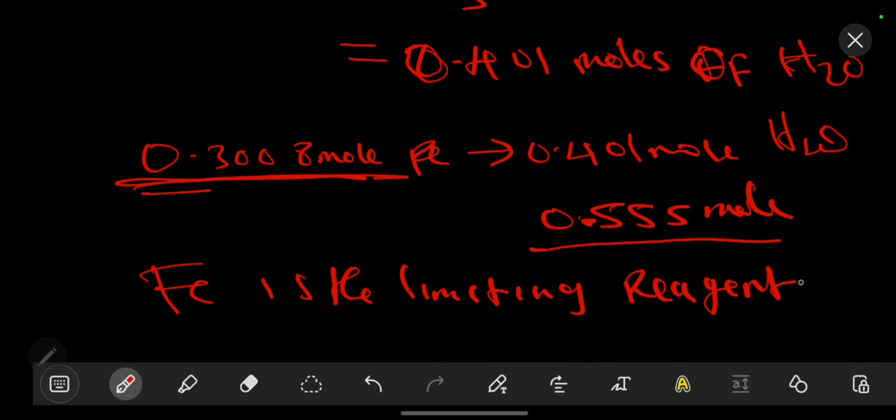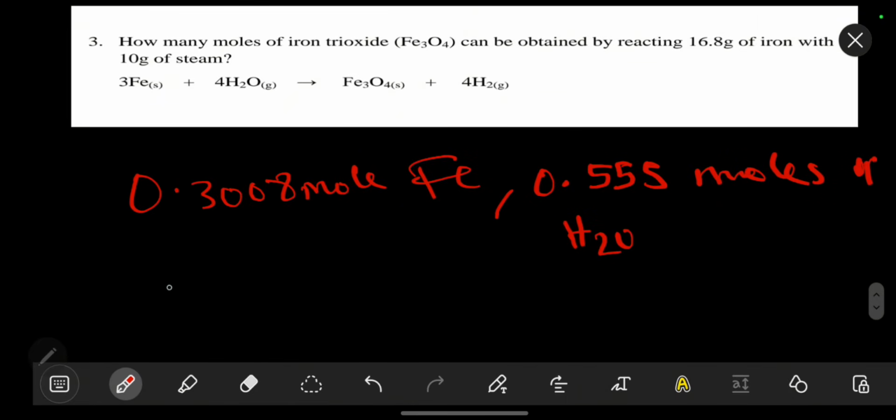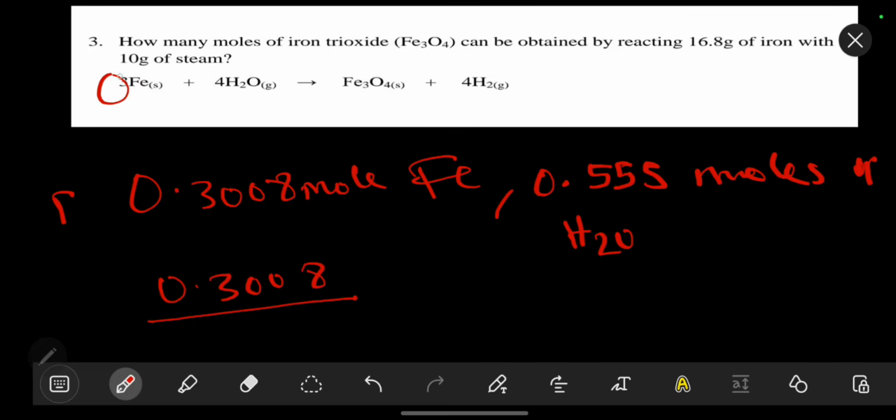Now let me show you a simple way of determining the limiting reagent, though you can just show this for the sake of marks. Before you do this, to know which one you are going to suspect to be the limiting reagent, this is what you do. Get the 0.3008, then divide this value by the number in front of iron. The number in front of iron is 3, so you put 3 here.